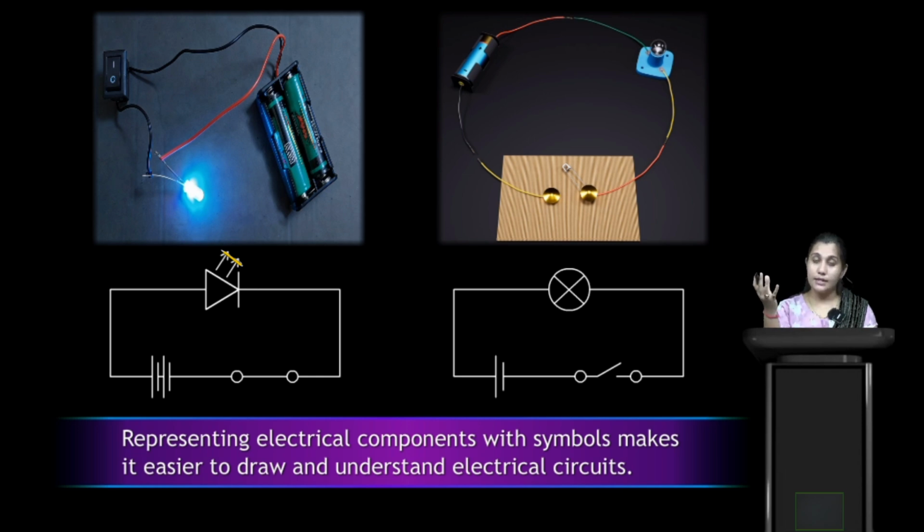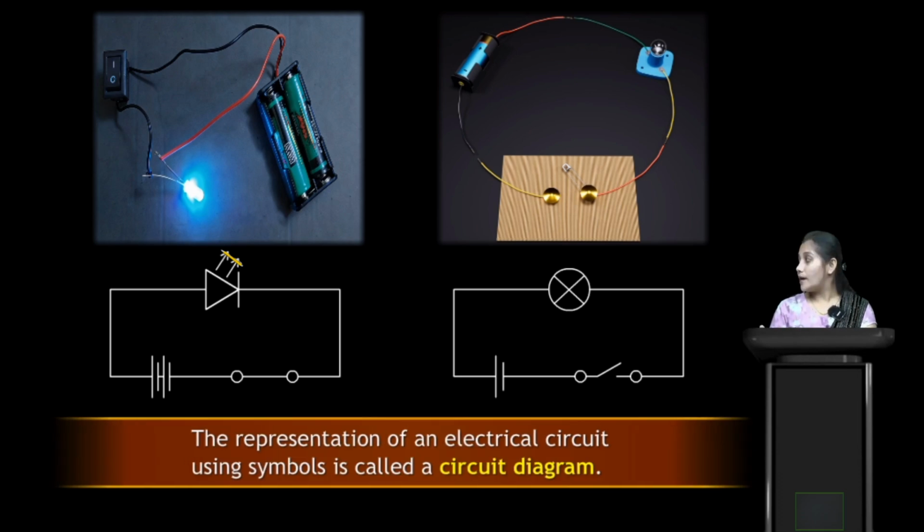Like electric cell, then lamp, then switches. All these are electrical components. So here we have used the symbols for the electrical components, and then we have drawn this circuit diagram with the help of these electrical symbols. Okay, so it makes it easier for us to understand.